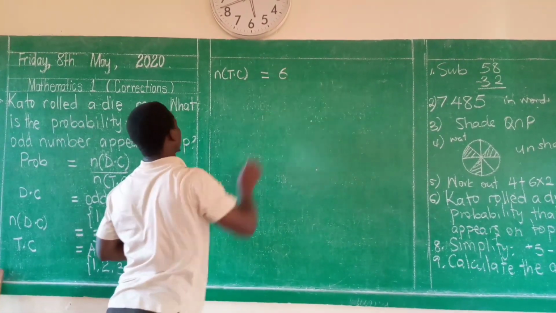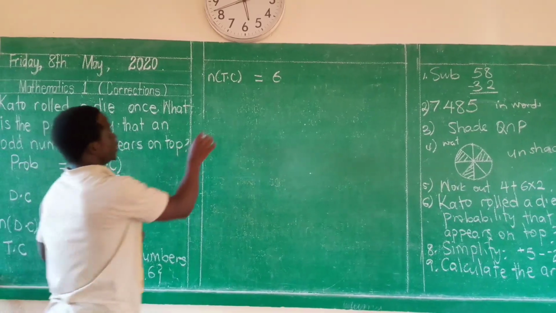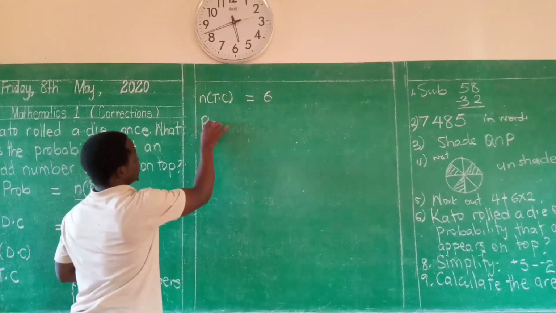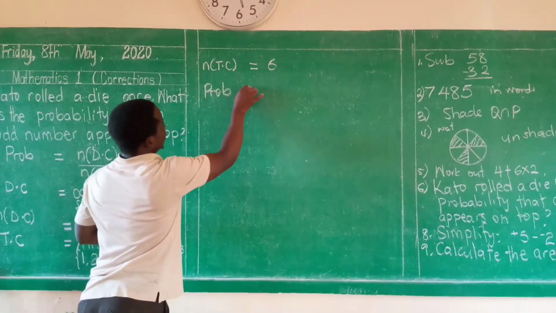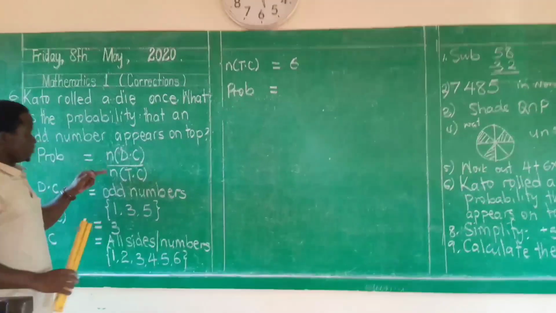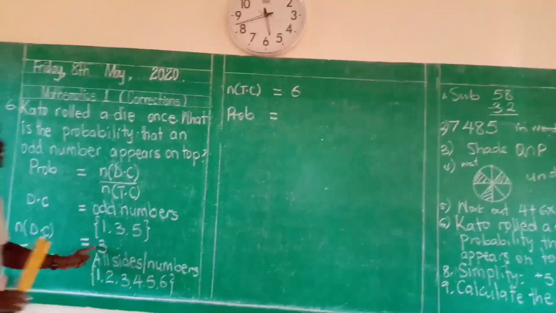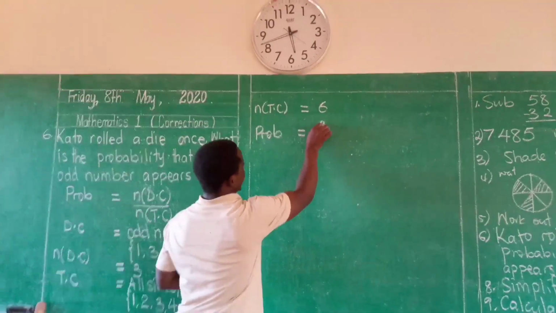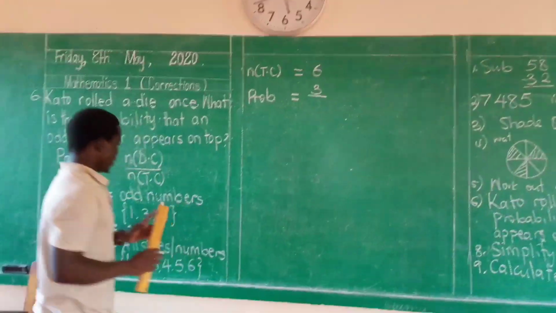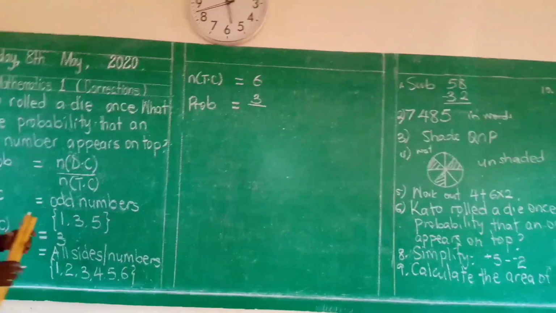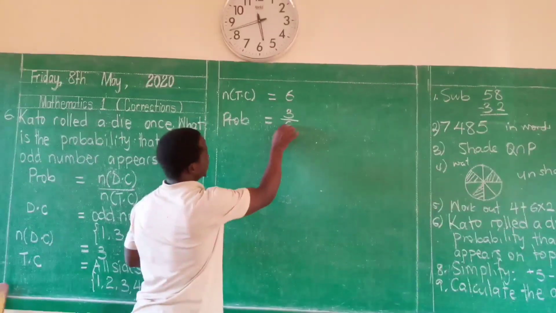Finally, we go back to our formula. We are saying that probability equals number of desired chances, which we got as 3, out of number of total chances, which we got as 6.